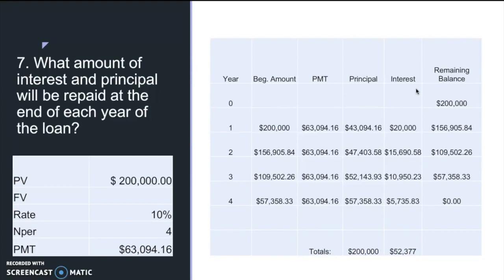So when you're solving these, you can use the payment function in Excel, and that will help set up your table so that you're getting the right numbers for each column and each period. So when you get this all set up, if you haven't reached 0 by the end, then something's gone wrong. Because this is showing us the amount at the end of each year until it's paid off.